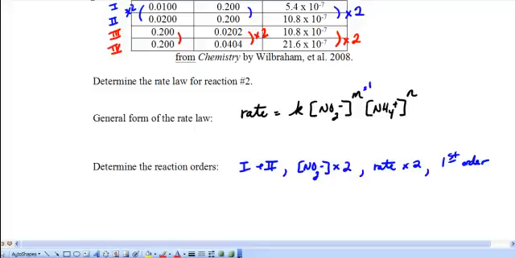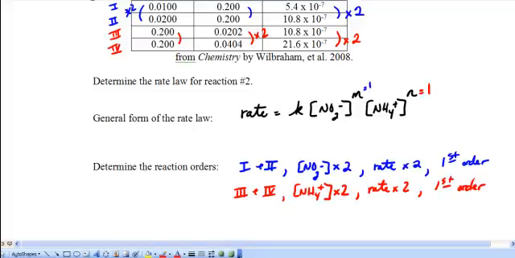So therefore, comparing 3 and 4, the ammonium doubles, the rate doubles, and so therefore it is a first order with respect to the ammonium as well, so we'll make that equal to 1 up here.